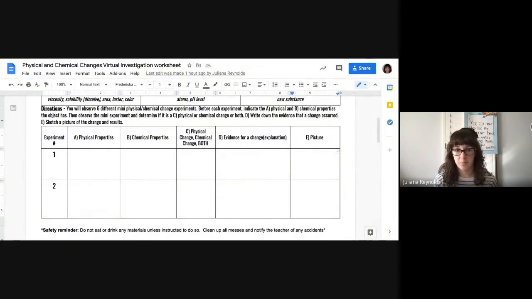And then in box E, you'll sketch a picture of the change, like the change you can actually see happening and the outcome. We'll be completing one row at a time. What questions do you have at the moment?